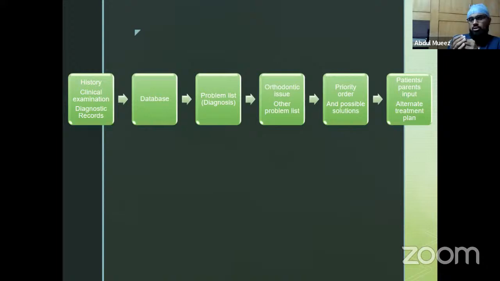And for diagnostic records, basic records such as an OPG are a must. Along with that, if you see that there is a jaw discrepancy, you need to have a lateral cephalogram as well. What is the significance of the OPG? It helps in identifying the gross findings in the patient, be it in a dental view or in a bony view.